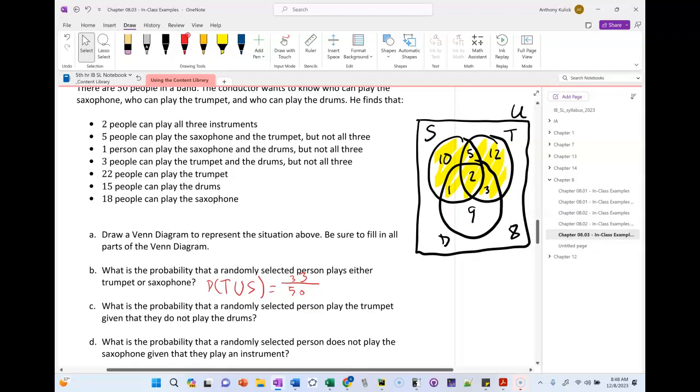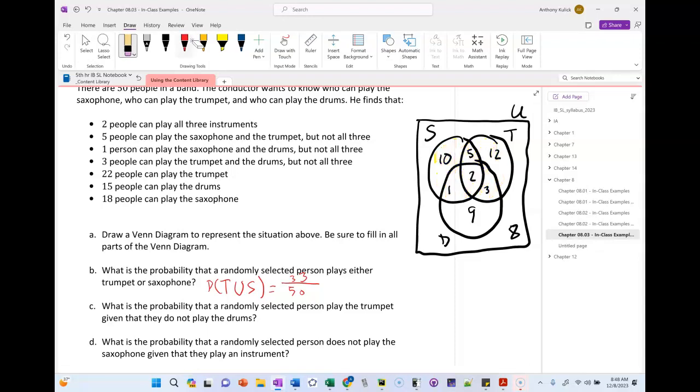Okay, keep going. What's the probability that a randomly selected person plays the trumpet given that they do not play the drums? Something over 15.